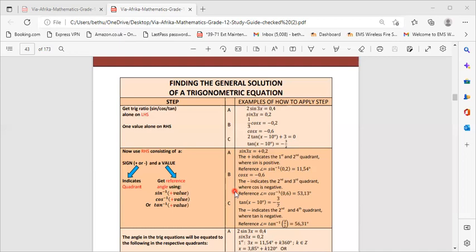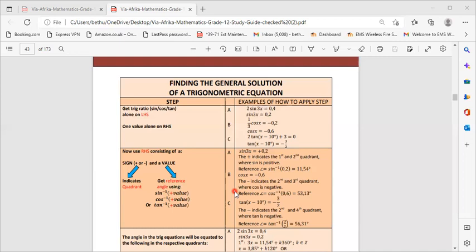The first thing you need to do is to get the trig ratio alone on the left-hand side. So we need to divide both sides by 2. We will be left with sine 3x is equal to 0.2. Why? 0.4 divided by 2 gives us 0.2.